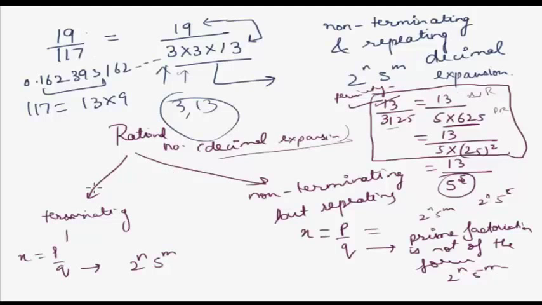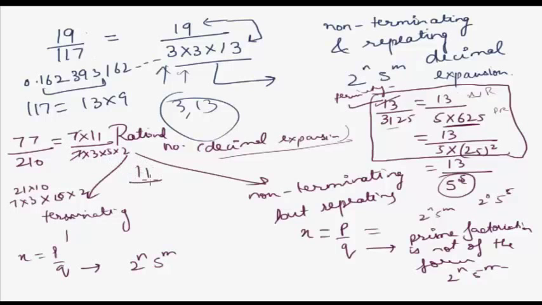Now we can have one more example as 77 over 210. So the prime factorization is 7 into 11 over 21 into 10, that is 7 into 3 into 5 into 2. So if we remove the 7, the common factor, and convert this into co-primes, we have 2 and 5 in the denominator as well as a 3.